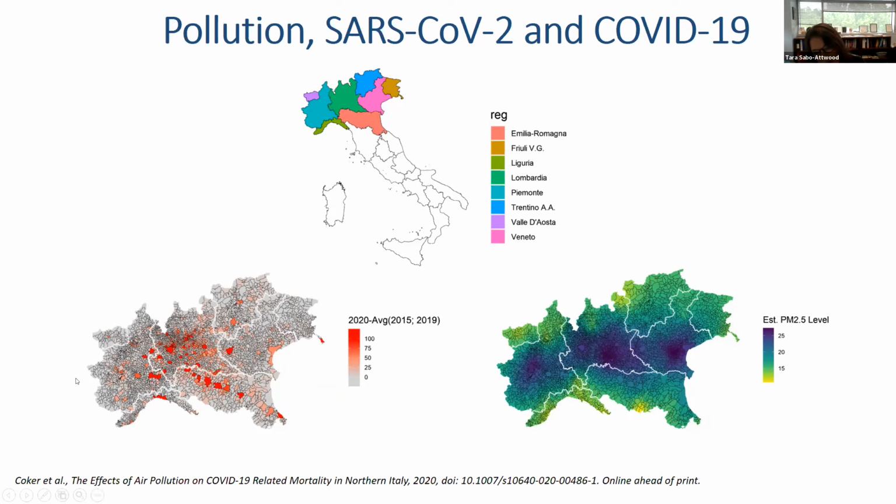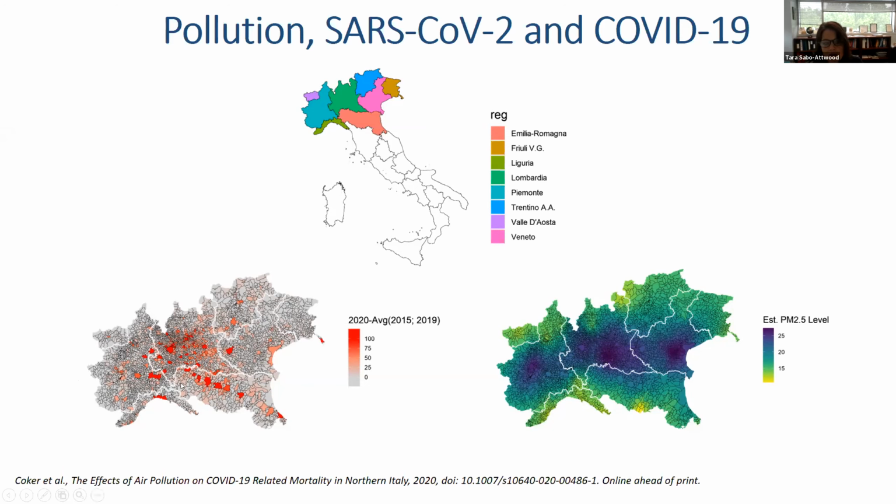So from their analysis, on the left, this is the part of northern Italy shown here, is a spatial distribution of cumulative excess deaths in sample municipalities spanning the time period from January 1st to April 30th. And then on the right, you have the spatial distribution of PM 2.5 concentration levels in the same areas, but this now spans data collected from 2015 to 2019.